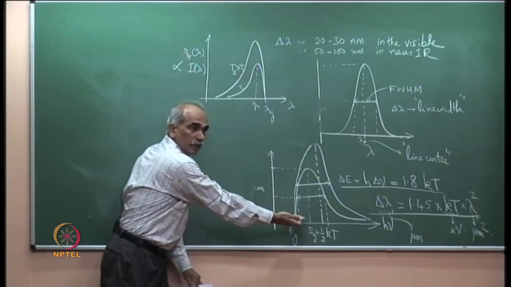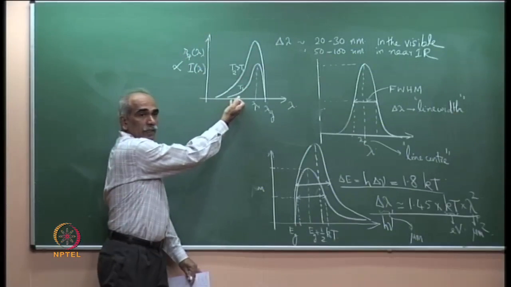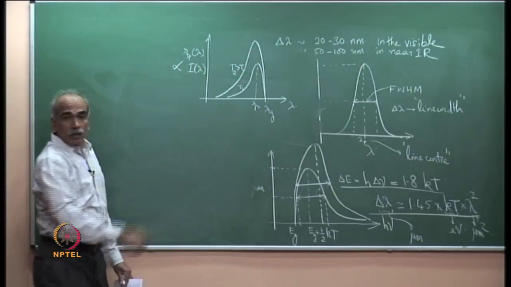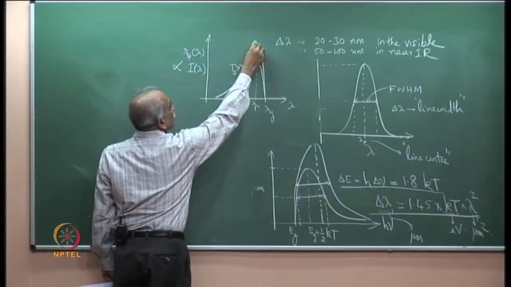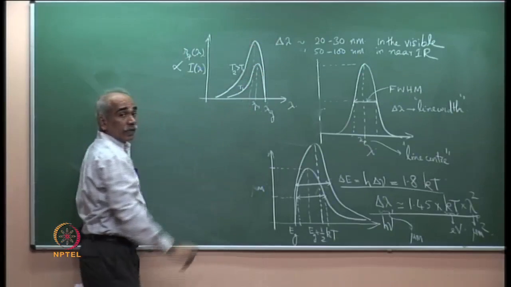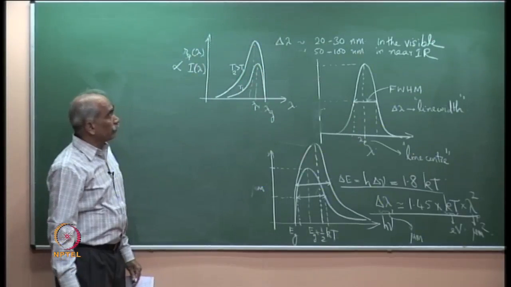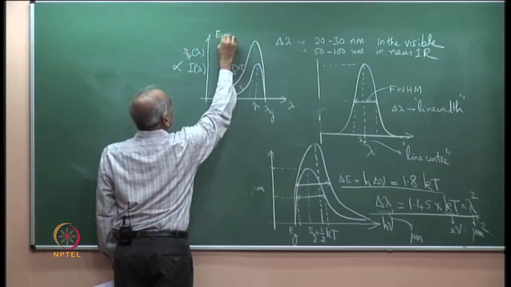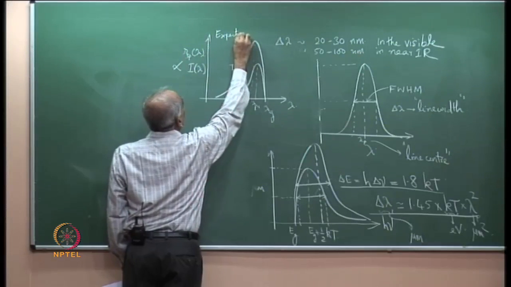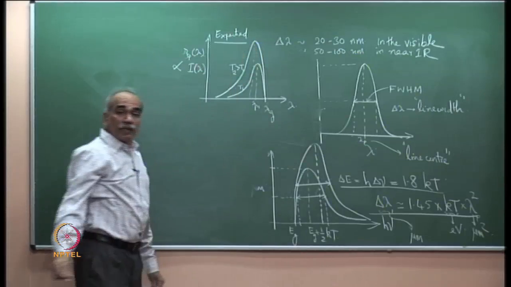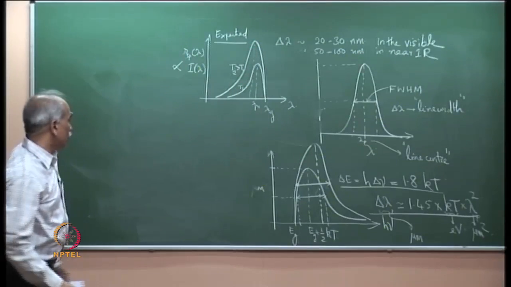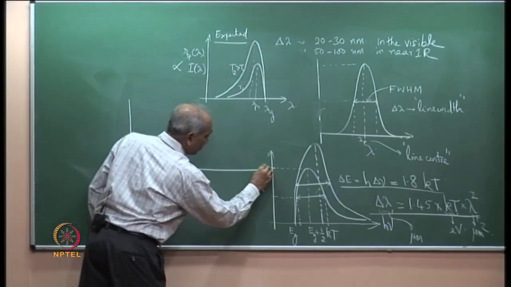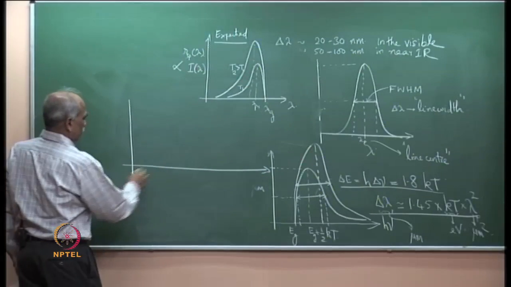It is the same graph, in the frequency domain and this in the wavelength domain. Higher energy corresponds to lower wavelength. So the peak is shifted to lower wavelengths. This is expected from the theory that we have done, but this is not what you get. In practice, what you get is here, and we need some explanation, that's why I am plotting this now.